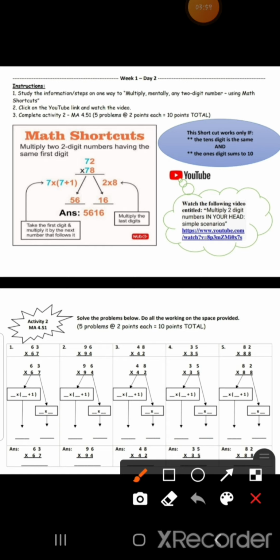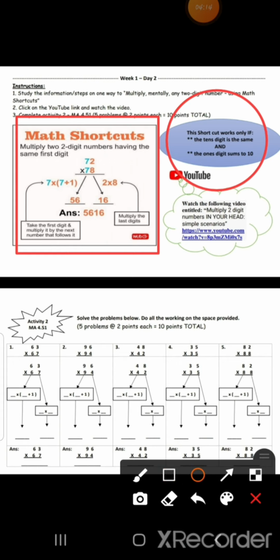Let's take a look at the information there. You read through the steps here, so that we can now do number 1 for activity 2. Before we do that, let me quickly highlight this here. This part says that this shortcut or this mental math is only applicable if the tens digits are the same.